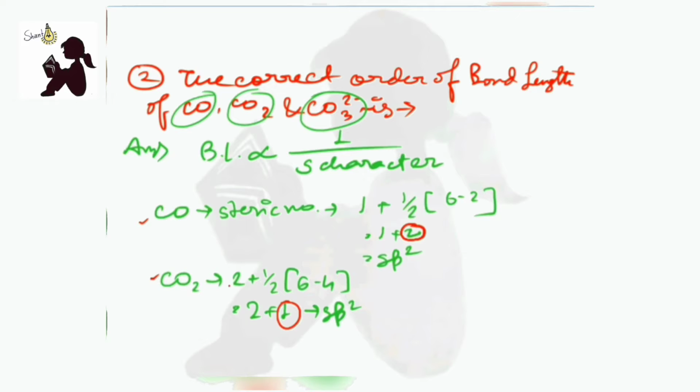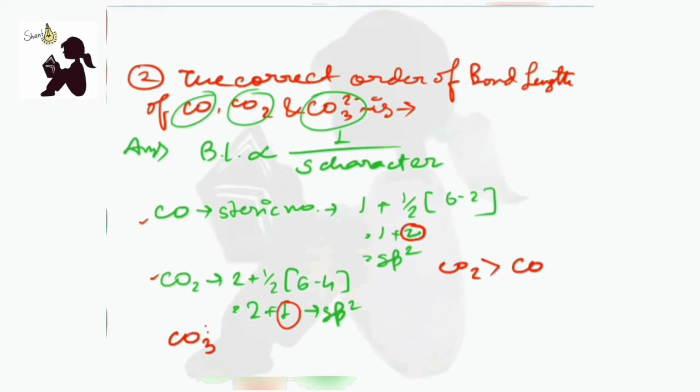When it has a smaller number of lone pairs, its bond length will be more. So CO2 is greater than CO.